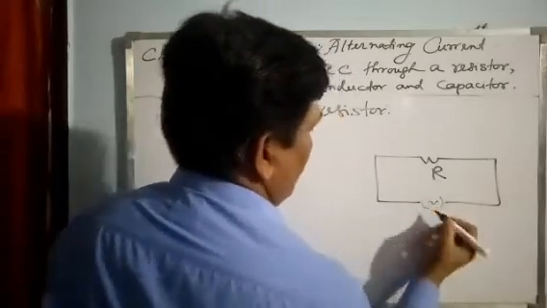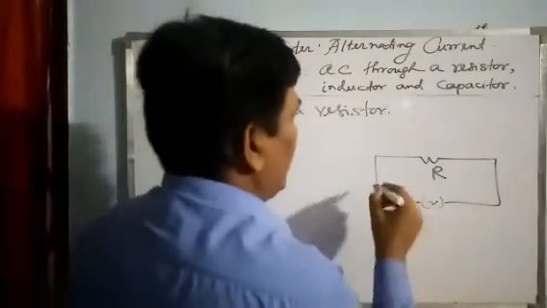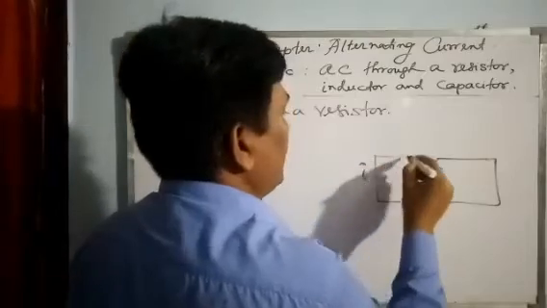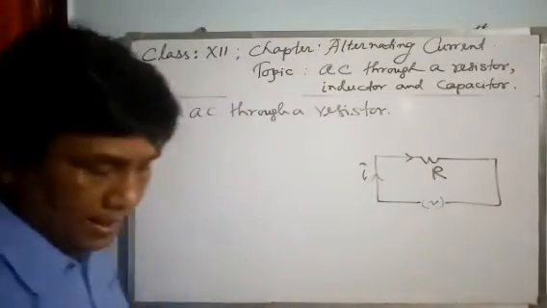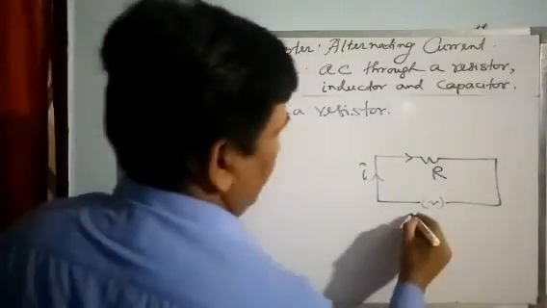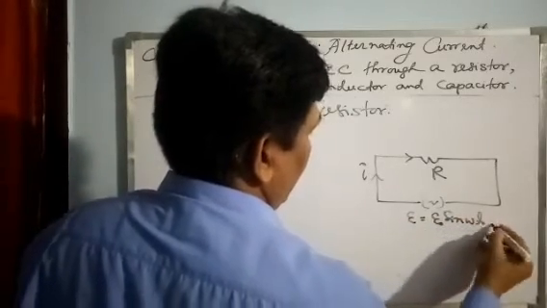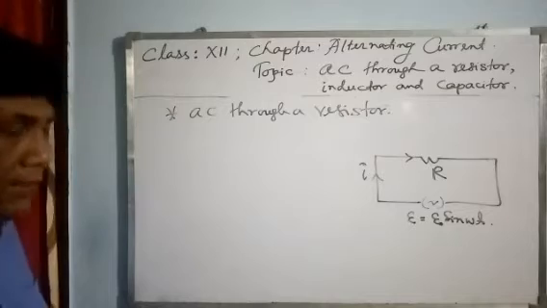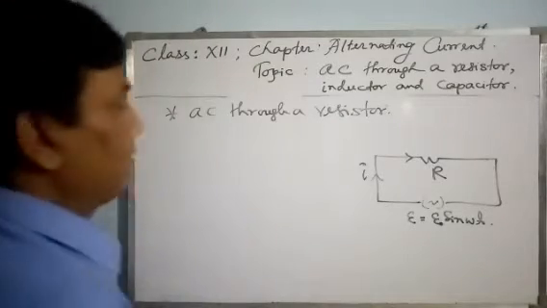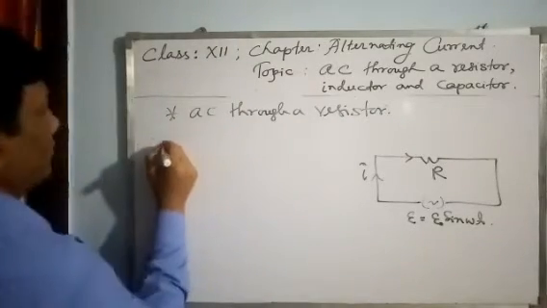That is the AC source. Say at any moment a current I is flowing through the resistor, and if the EMF source is E naught sin omega t, then what will be the corresponding current? Okay, write down.